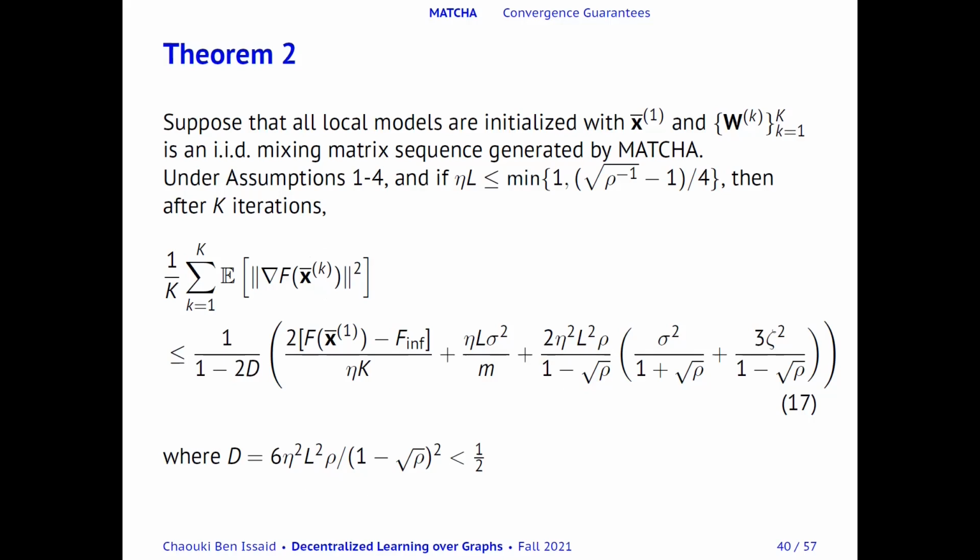And as mentioned before, since we proved in Theorem 1 that there exists a value of alpha for which rho is strictly less than 1, then we could show that this constant D is less than 1 over 2.